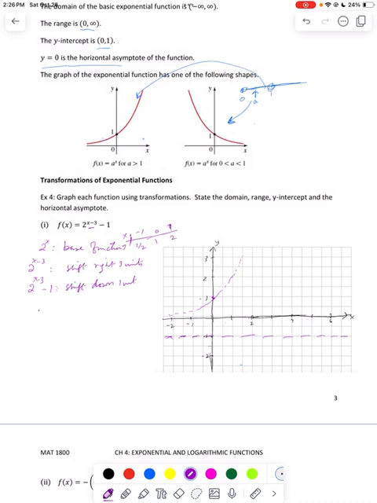Now for this shift, those points. This is not taking points. This is still considered using transformation, because you use some points just to sketch the basic graph, not the transformed graph, not the final graph.